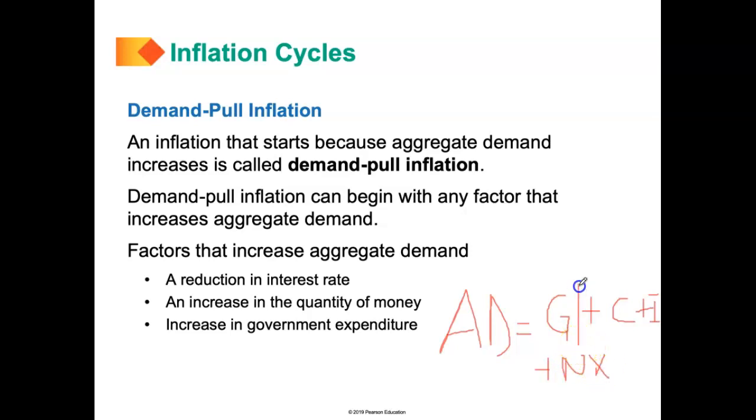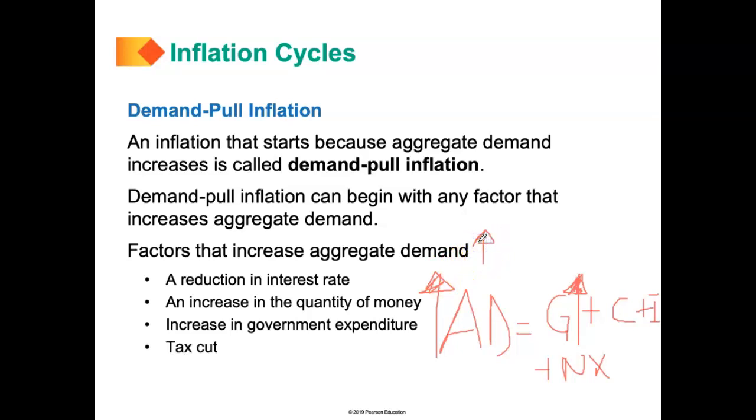If the federal government decides to buy more planes or spend more on infrastructure, aggregate demand also increases. So anything that increases spending tends to increase aggregate demand as well.